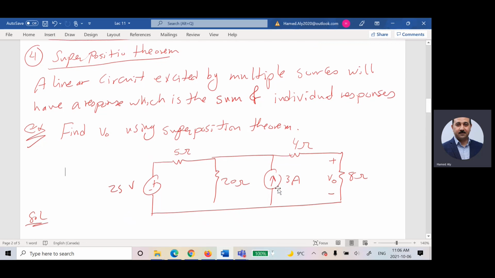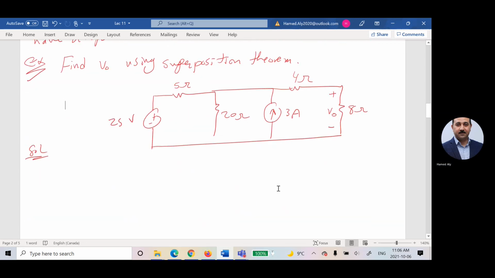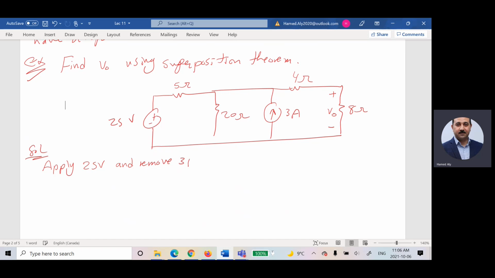Let us apply that for this problem. So here, I'm going to apply 25 volts and remove 3 amps.